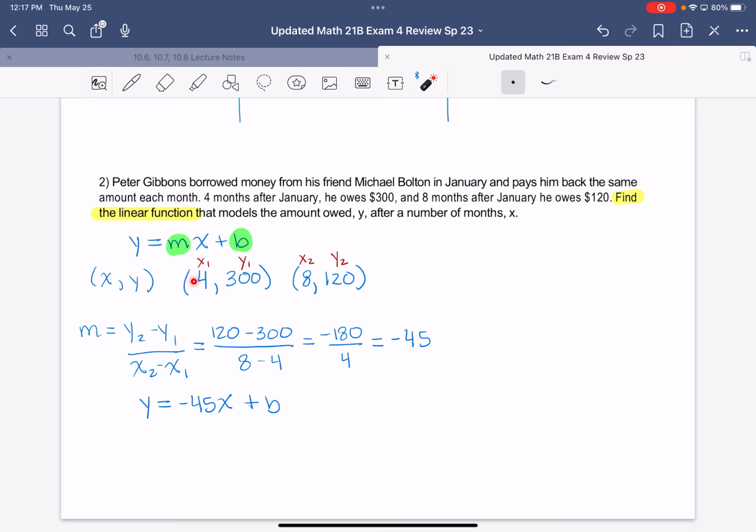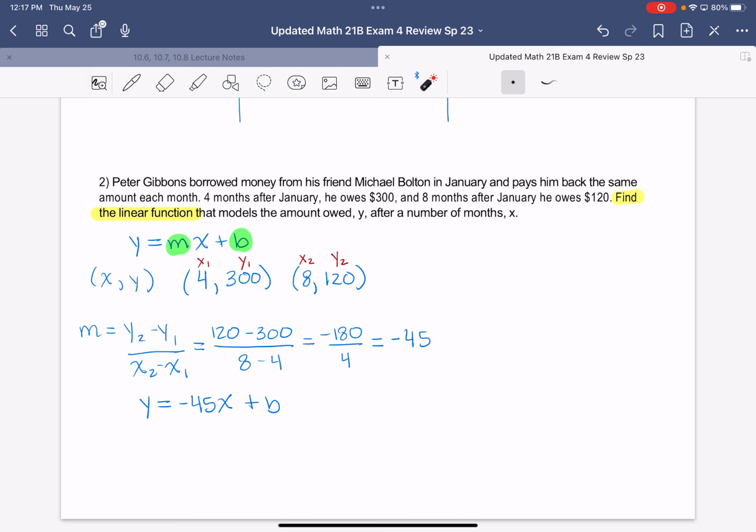Either use the first point, plugging in 4 for x and 300 for y, or the second point, plugging in 8 for x and 120 for y. It does not matter which point you pick. Your work along the way might look different, but the answer in the end will be the same.